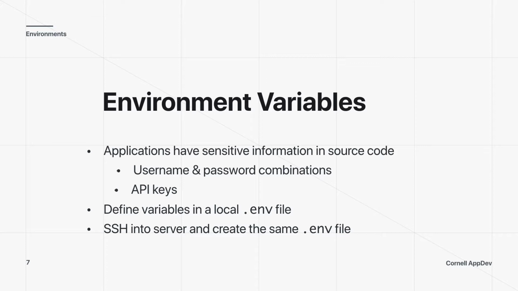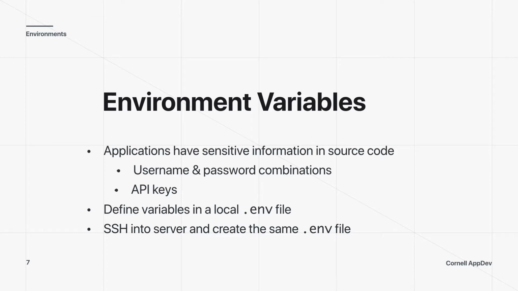An example could be I only want certain people to access my Slack app, and I have a list of Slack usernames that I'm going to allow to use this application. Some sensitive information could just be those Slack usernames, and you want to be able to define them in a separate file that isn't seen by people using your application or even seen on your GitHub repository.